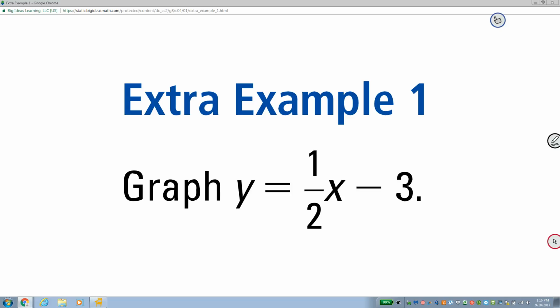And for our x, we should just keep it -1, 0, and 1. From here, we can just plug in the -1 for x. So you can use your calculator for this. That would be -1/2 minus 3.